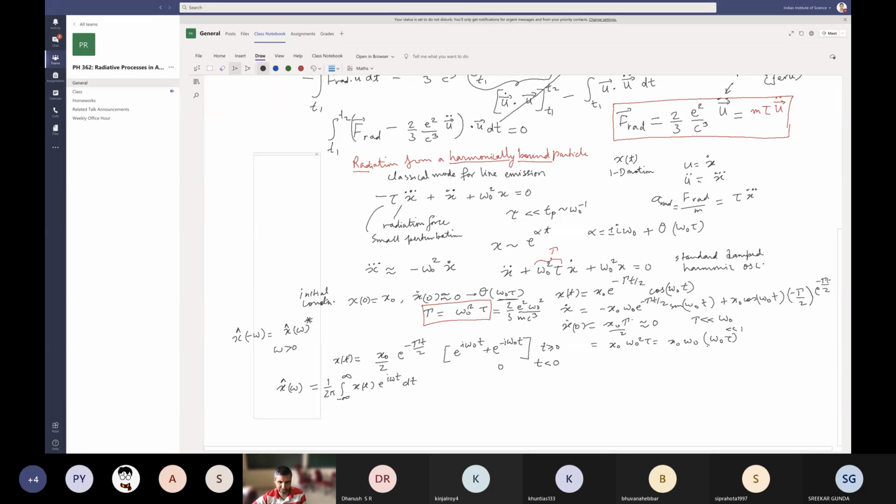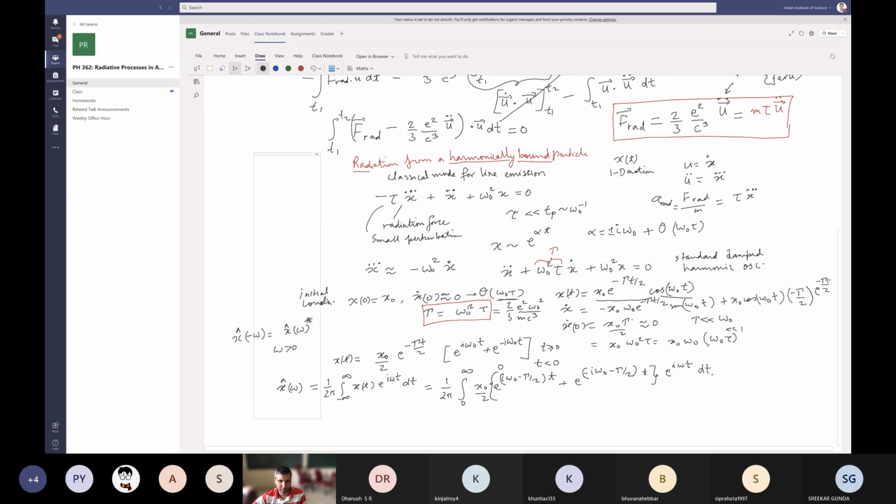If the signal is real, which it is, right? If this is a real signal, so this is what we have, and this is nothing but 1 by 2 pi integral 0 to infinity, x naught by 2 e to the i omega naught minus gamma by 2 t, plus e to the minus i omega naught minus gamma by 2 t, times e to the i omega t dt.